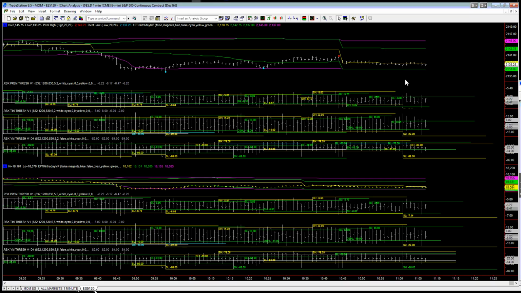And, you know, some people like a 5 minute chart. I think that's horribly low, horribly slow. And the whole world can change in 5 minutes.